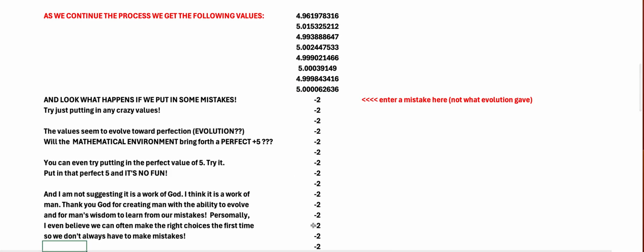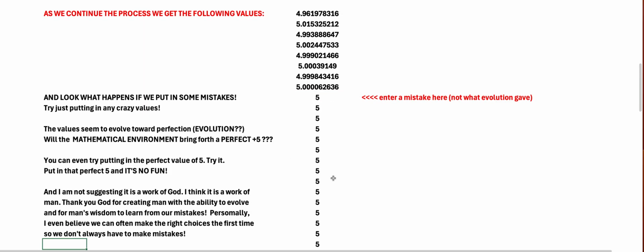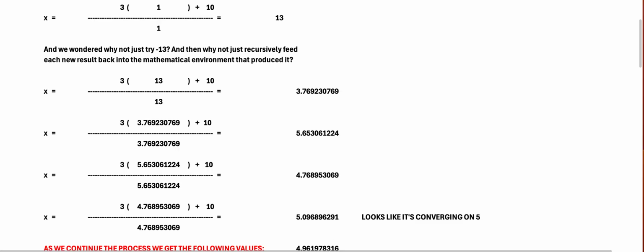Yeah, look at that, negative 2. If you just put the perfect answer in there, just create it somehow, then there it is. Bam, there's 5, always a 5. Okay?